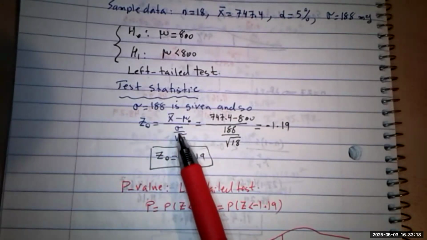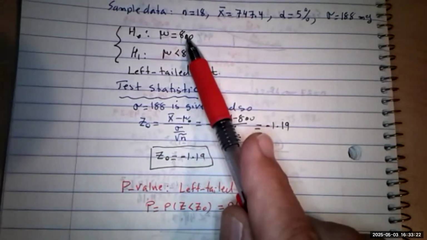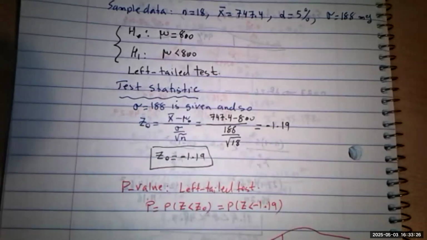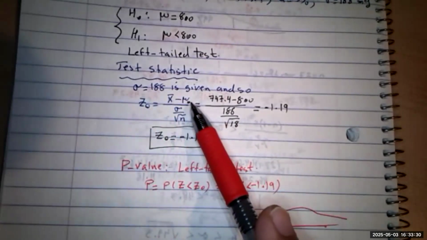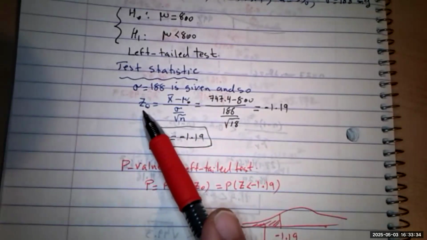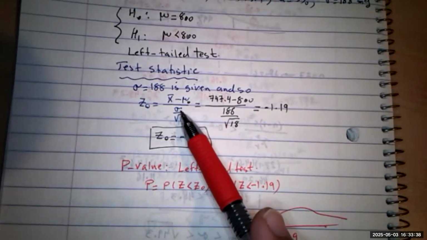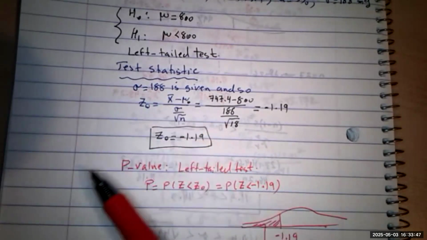If you use the z-test, the formula is x bar minus mu naught, and this mu naught is 800. We call this one z naught because it's going to be just one number. It's x bar minus mu naught over sigma over radical n. This is z. If sigma is not given to you, you have to use S here, the sample standard deviation. So that would be T naught instead of Z naught.